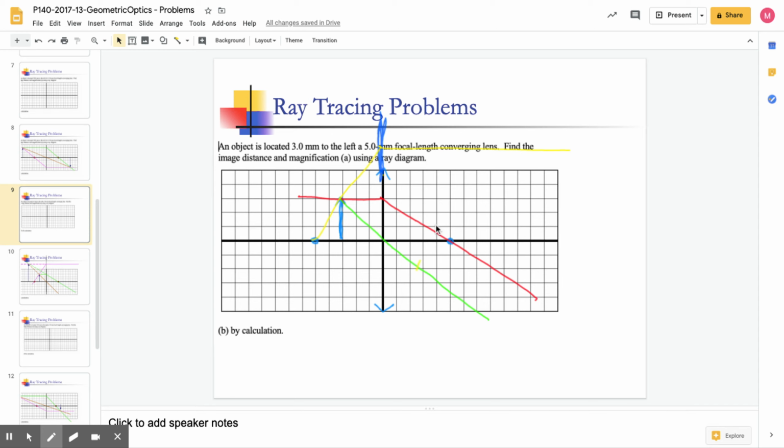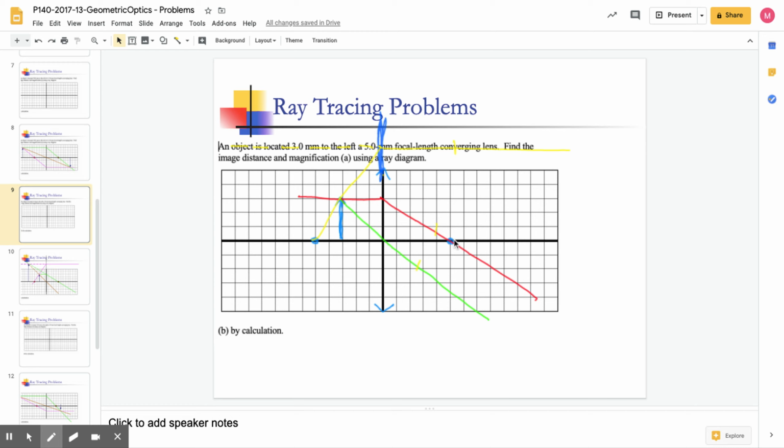Now the thing to notice is that on the right side of the lens, these 3 rays don't converge, right? They don't meet anywhere over here. But if I were to extend them back, let's try that. We'll extend this one back, making them dashed so that you know they're extended back. And let's go to red and extend this one back.